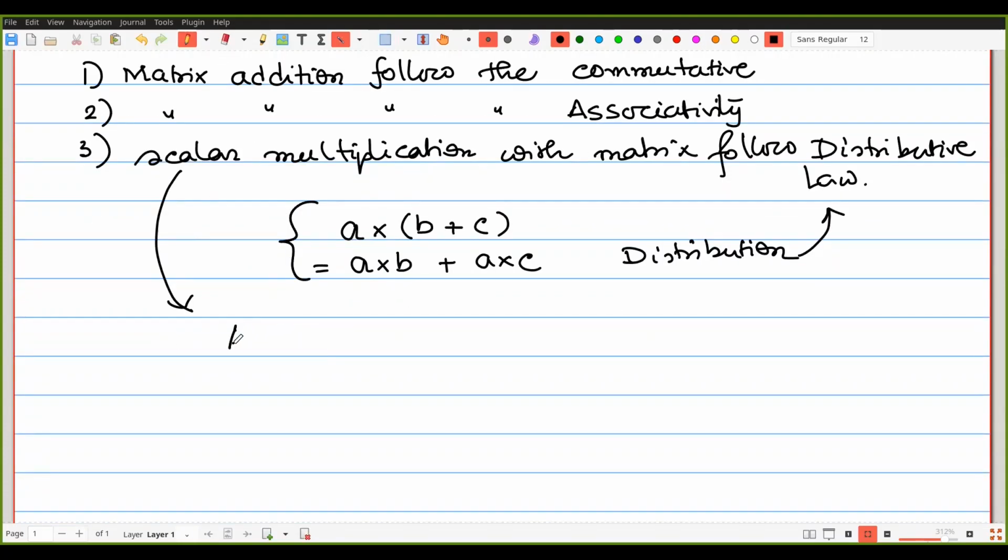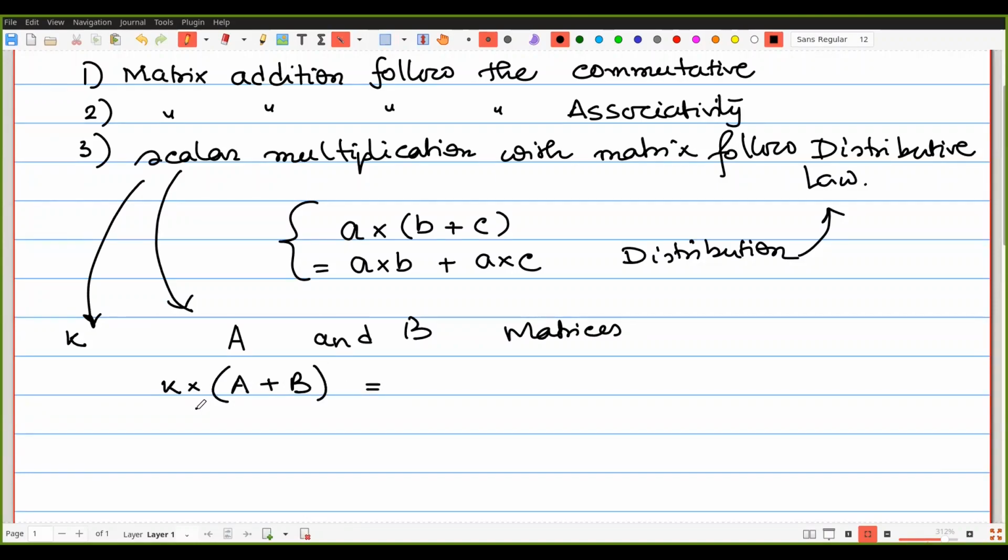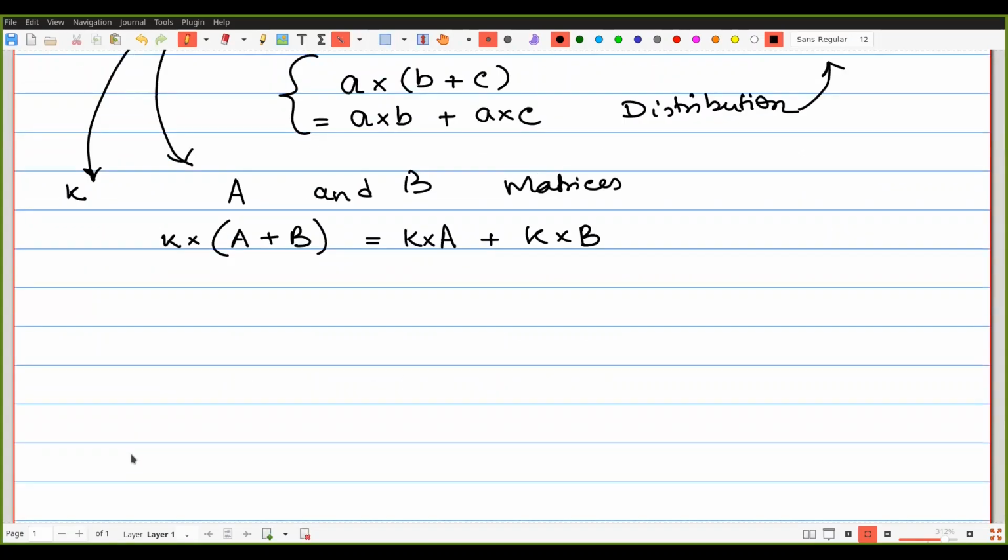Suppose we have two matrices A and B, and a scalar, the small k. We can say k into A plus B, so that scalar k can be distributed over k into A and k into B. Suppose k is equal to 5, A is the matrix 1, 2, 3, 4, and B is 3, 4, 5, 6.